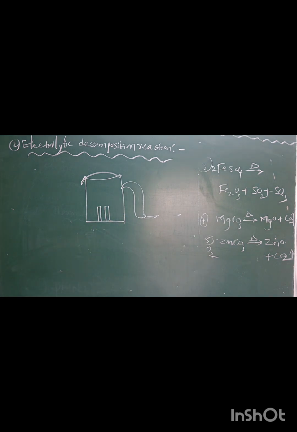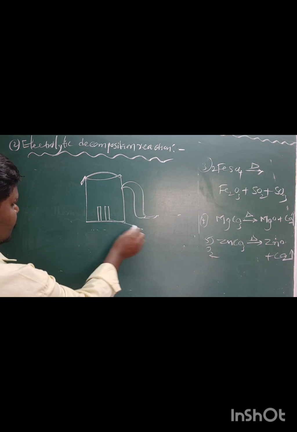Take one plastic mug. Insert the two graphite rods at the base of the mug. These two are graphite rods.